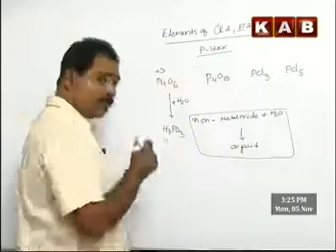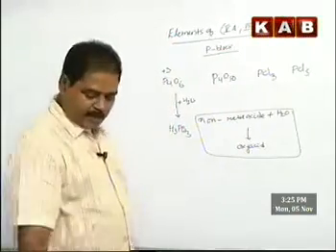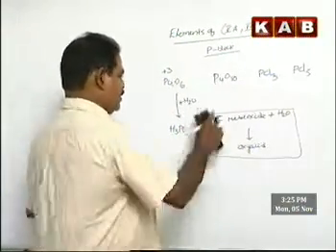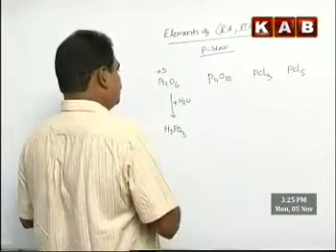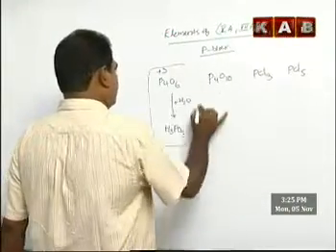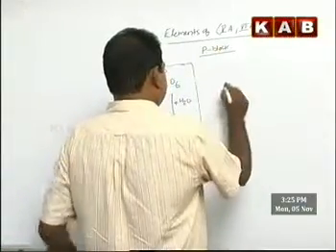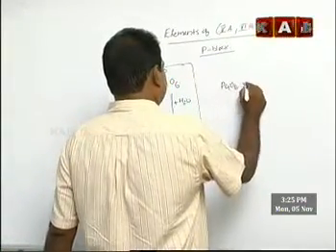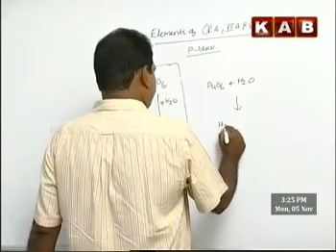How do I know it is H3PO3? Because it is a +3 oxidation state. It is a trioxide. So, how can you write the balanced equation? For that, you may have to take a large number of water molecules depending on the need. P4O6 plus H2O gives H3PO3.